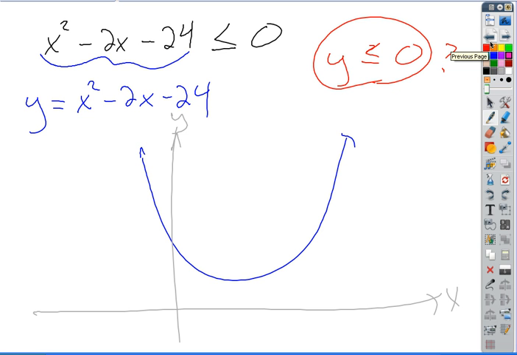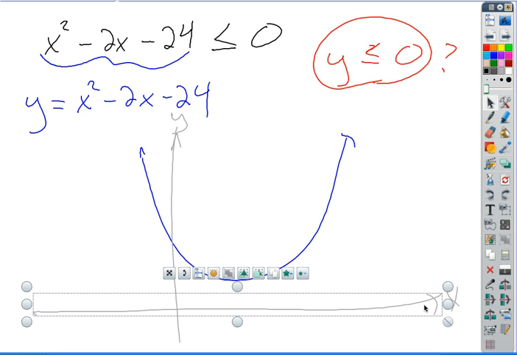So now if I go back to this problem and I'm trying to find the places where the y values that we calculate from this function, it looks like a parabola when I graph it. If I want to find the places where y is less than or equal to 0, where on the parabola is that going to be?